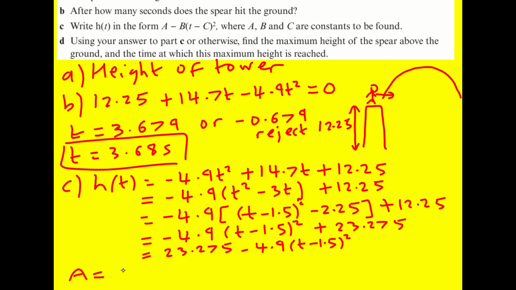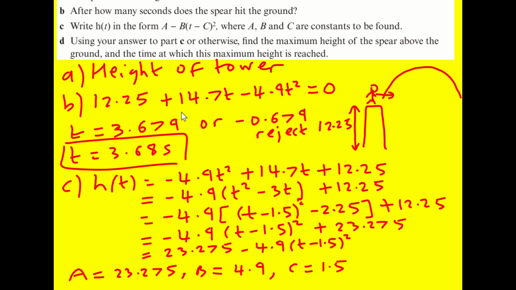A equals 23.275. B equals 4.9. And C equals 1.5. Brilliant.